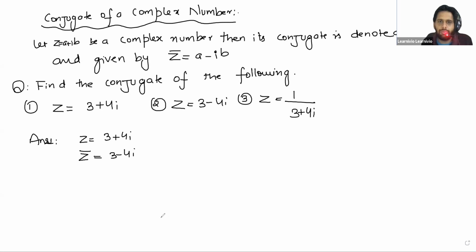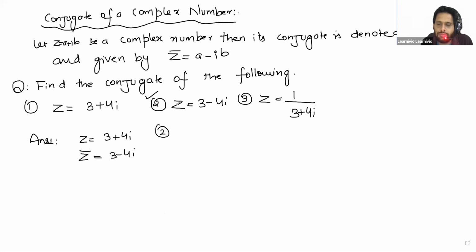Yusra and Safan, have you completed the second one? Sir, is there anything we have to do? Yeah, please do this second one.